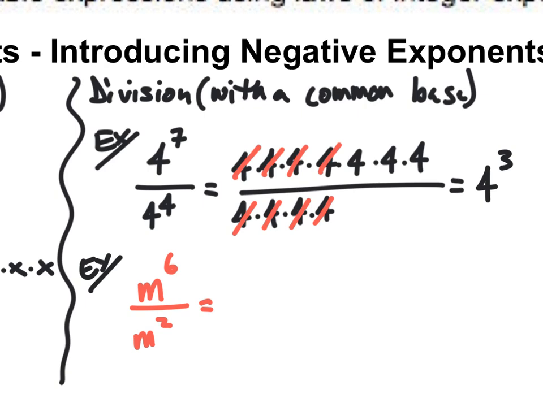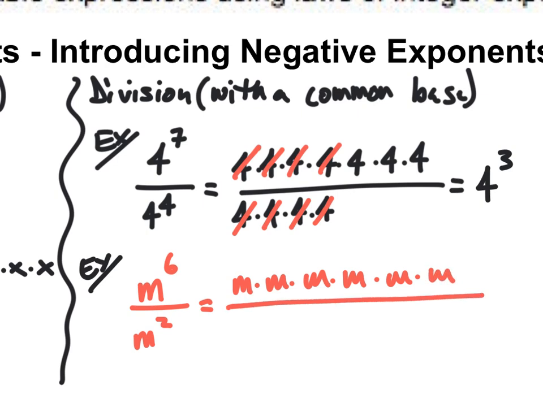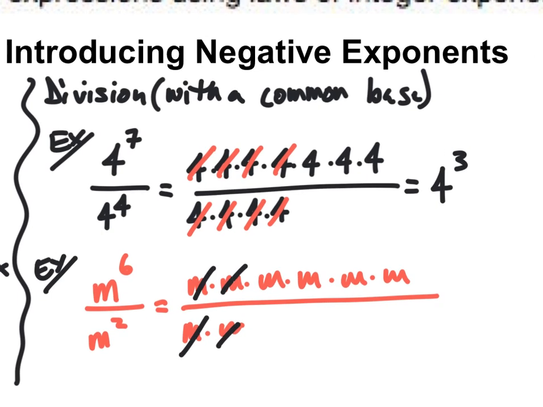I would have m times m times m times m times m times m, 6 of them, divided by 2 of them, m times m. The m's divide out and I'm left with 4, so I get m to the 4th.